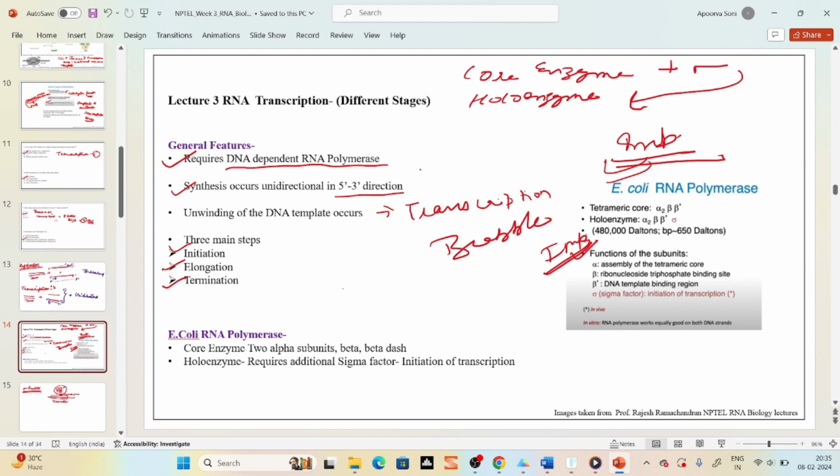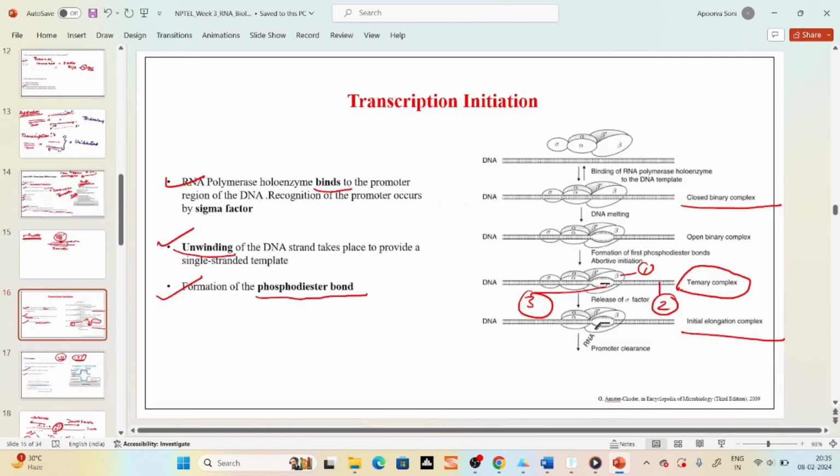You can see here the E. coli RNA polymerase core enzyme, which I have written: 2 alpha subunits, beta, beta dash, and the holoenzyme. It requires additional sigma factor, which is responsible for the initiation of transcription. Then we studied the initiation process. Initiation requires essentially 3 major points.